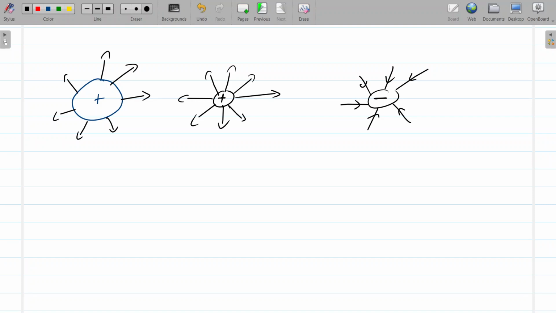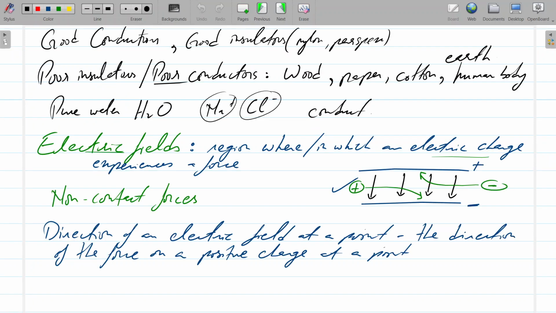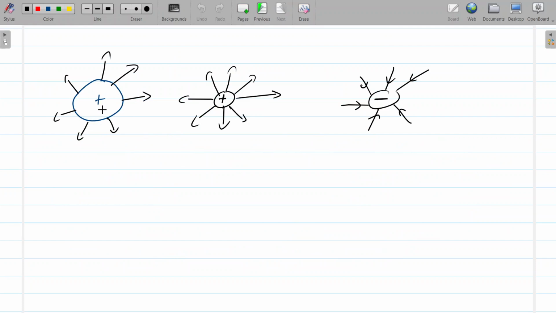Can you explain that again? Okay, the electric field goes from positive to negative. That's the direction of the field. So if you have something that is only positively charged, what will its field look like? Its field will be going out. Whereas if you have something only negatively charged, the field around it will be attractive, pointing towards it.